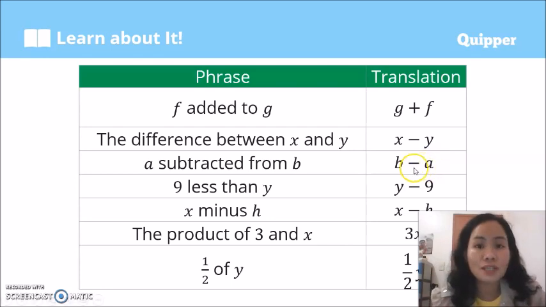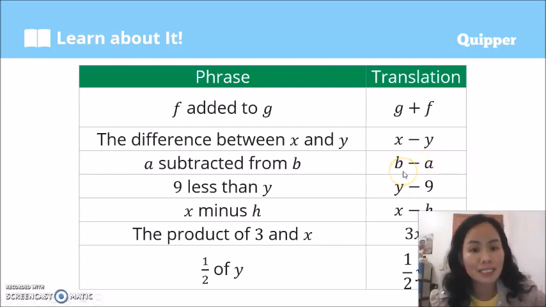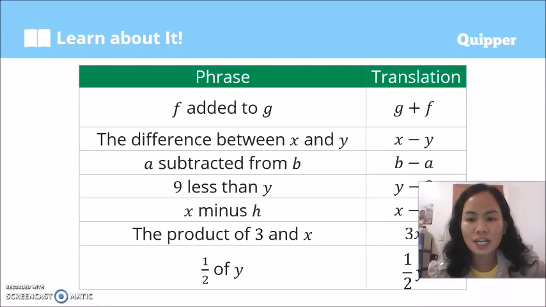Tandaan yung subtraction, hindi commutative. So, hindi pwedeng baliktad. It should be b minus a. Kasi from b. Another, 9 less than y. 9 less than y, so y minus 9. Okay, y minus 9. X minus h, ito diretso na. So, x minus h na yan.